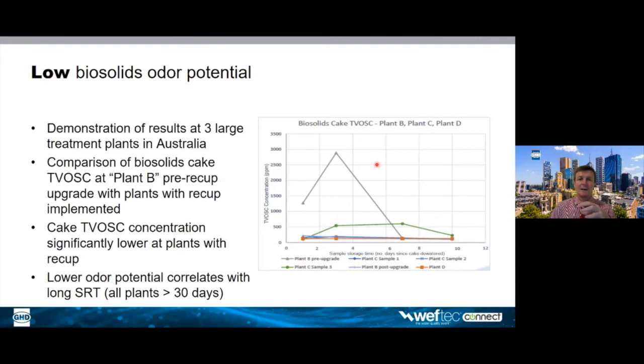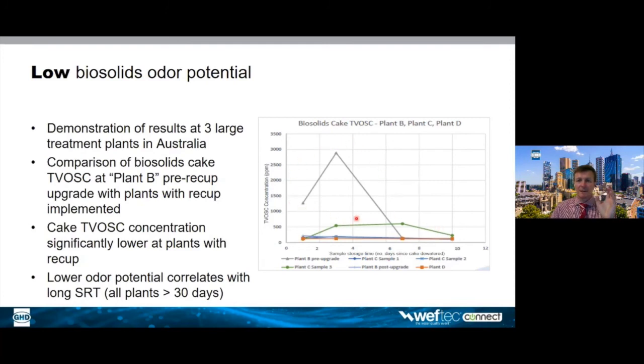In this chart here, the odour potential is represented by the total volatile organic sulphur compound concentration measured in the headspace above a biosolid sample, and the analysis is conducted at intervals over a 10-day period to represent storage both on site and at the place of disposal or reuse.